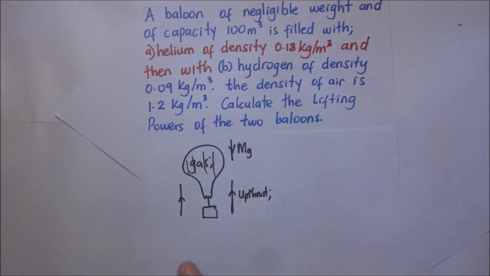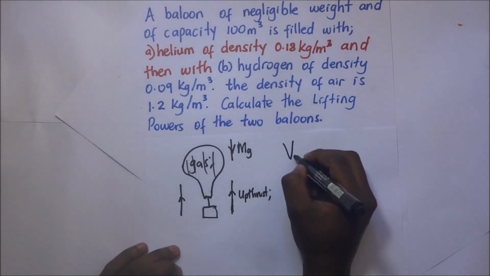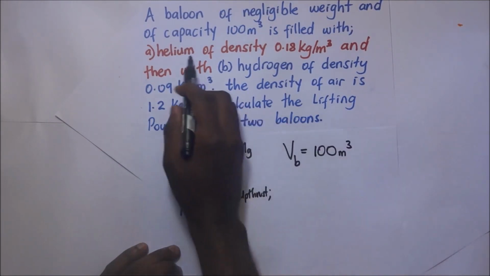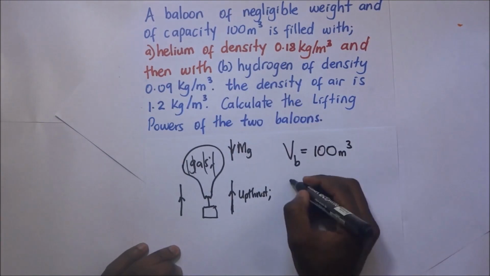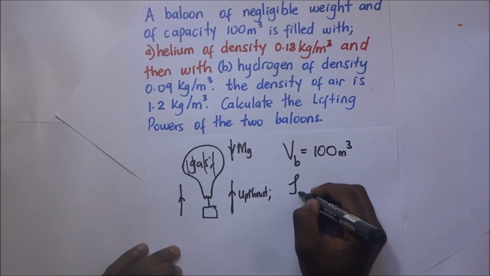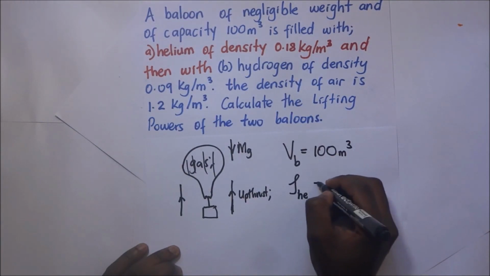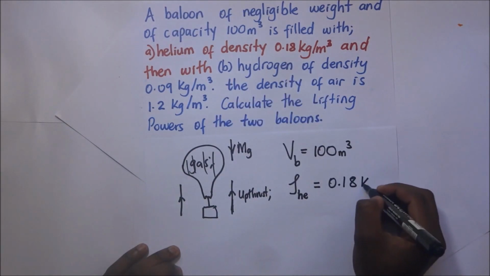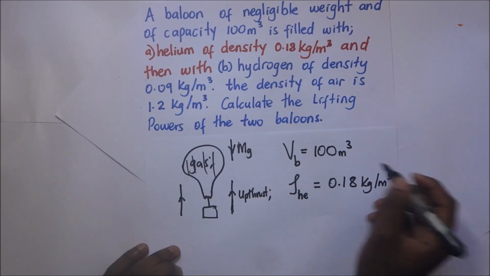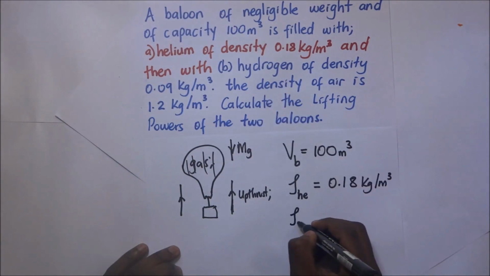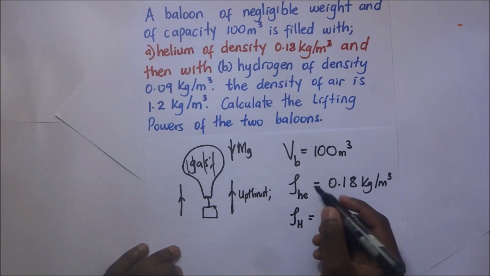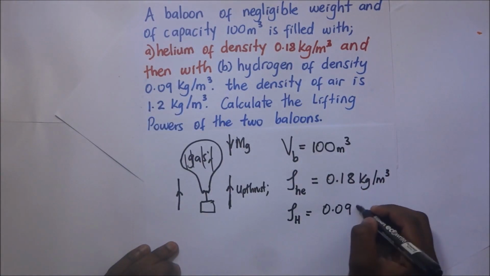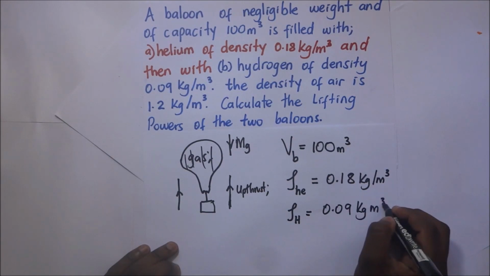It means that the volume of the balloon is 100 meters cubed, and it is filled with helium. The density of helium is given by 0.18 kilograms per meter cubed, and the density of hydrogen is given by 0.09 kilograms per meter cubed.